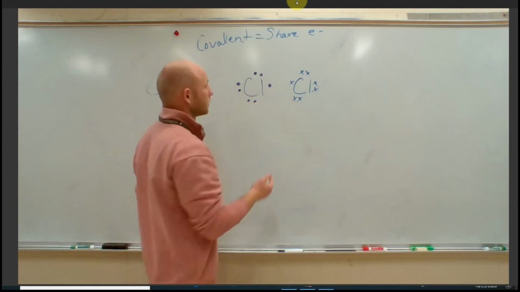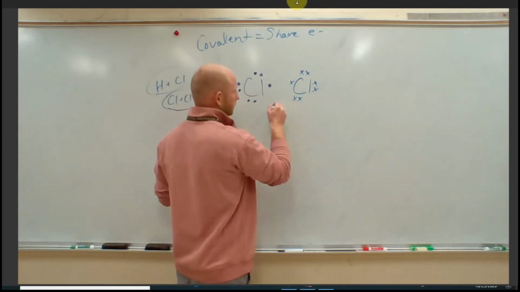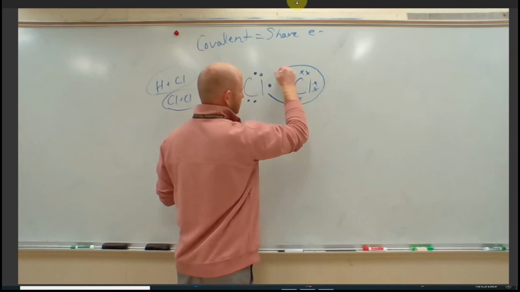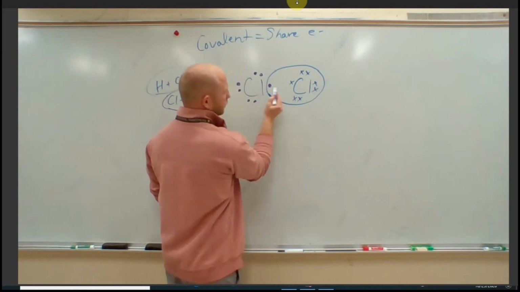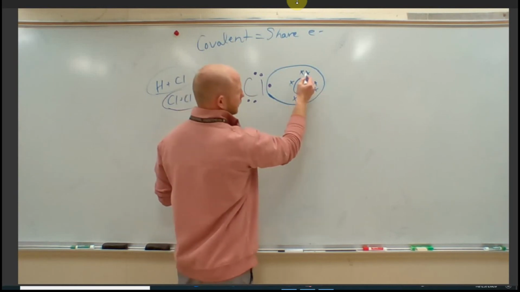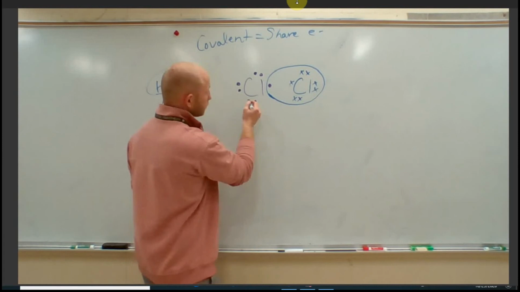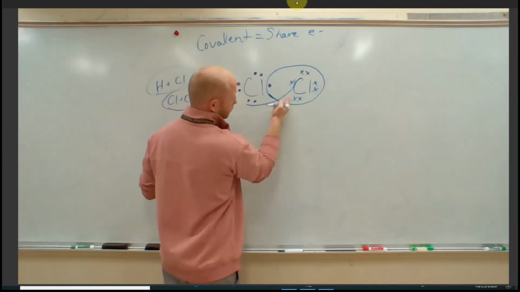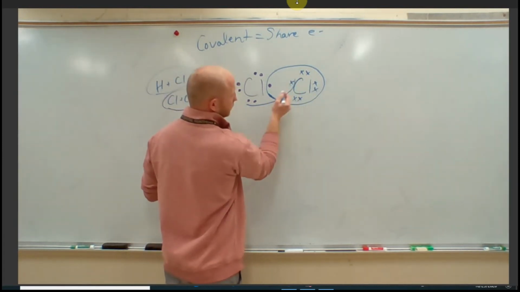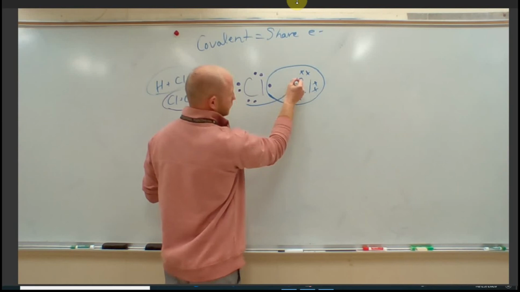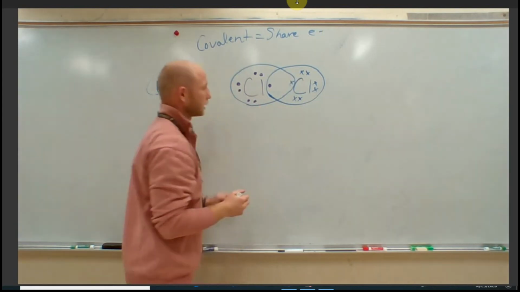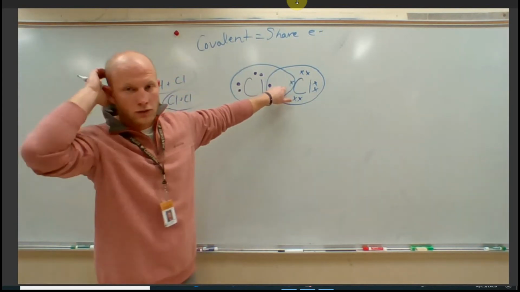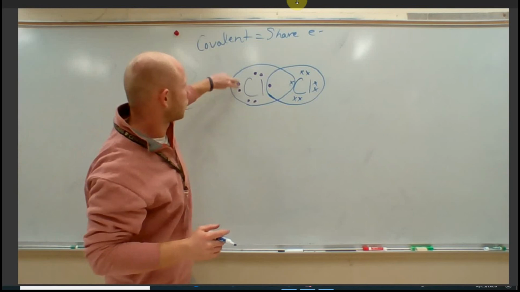So let's go ahead and do that. This chlorine right here: 1, 2, 3, 4, 5, 6, 7, 8. He's happy. This chlorine will do the same, and we'll draw that energy level around this 1 electron. Right? And remember, electrons like to form in pairs. That's why we're drawing these guys also.